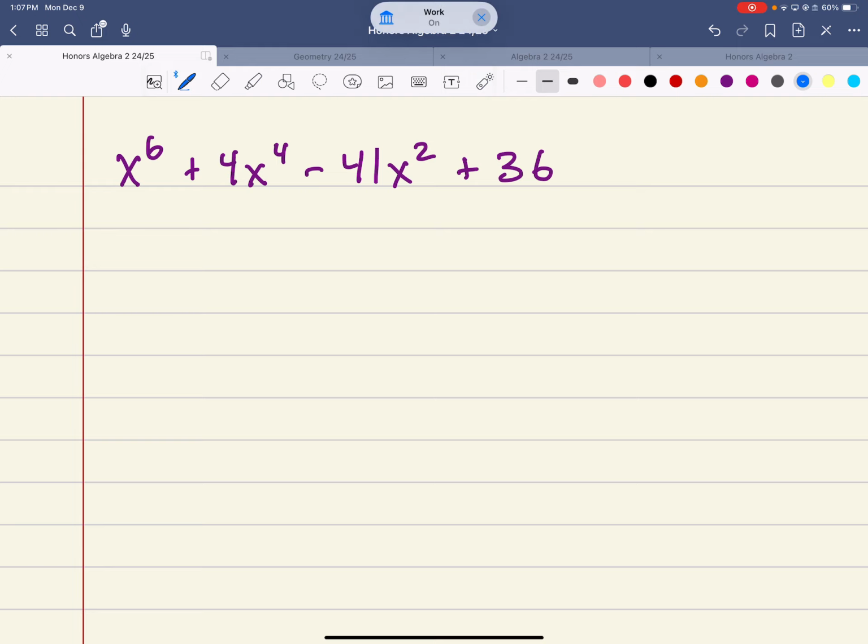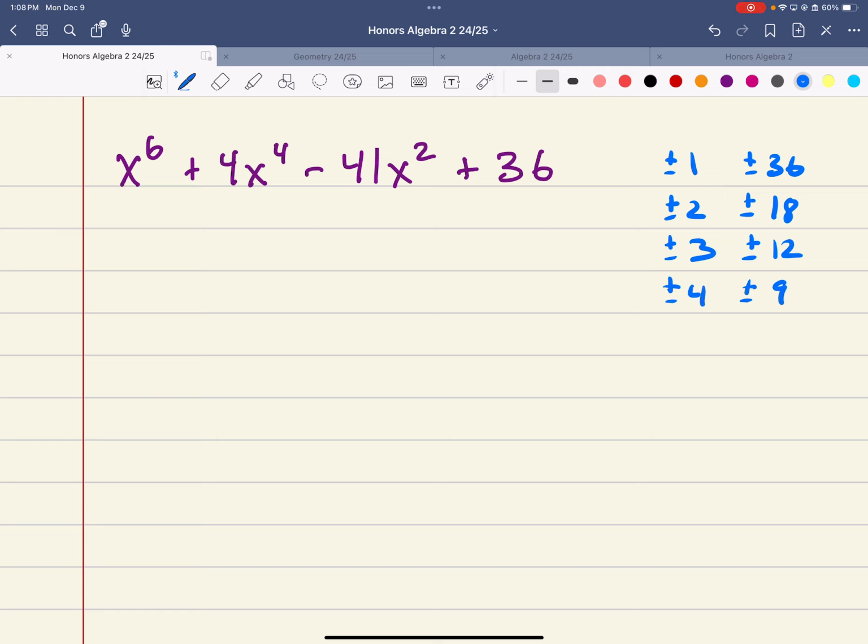So our possible real zeros: plus and minus 1, plus and minus 36, plus and minus 2, plus minus 18, plus minus 3, plus minus 12, plus minus 4, plus minus 9, plus minus 6.